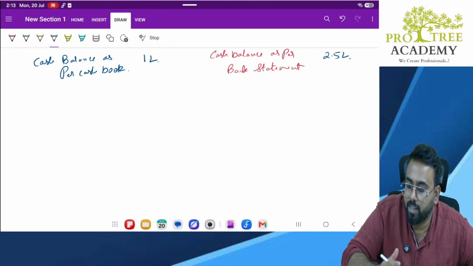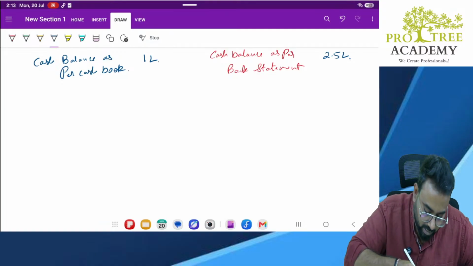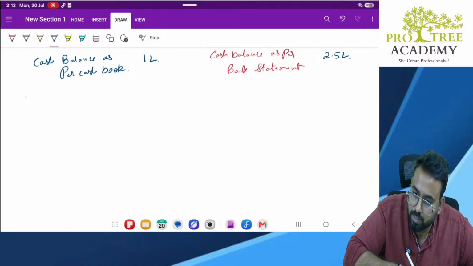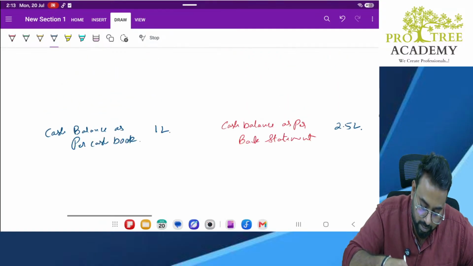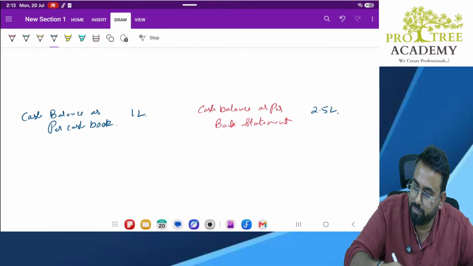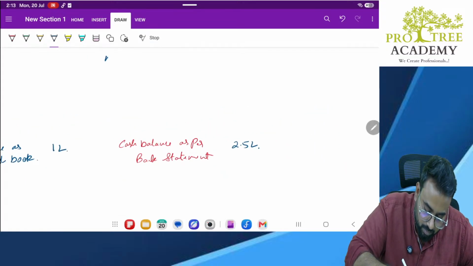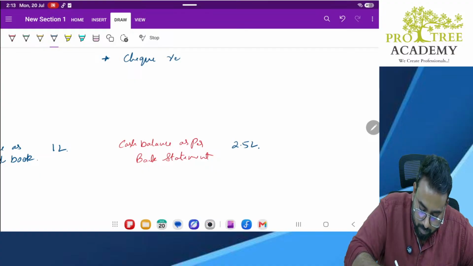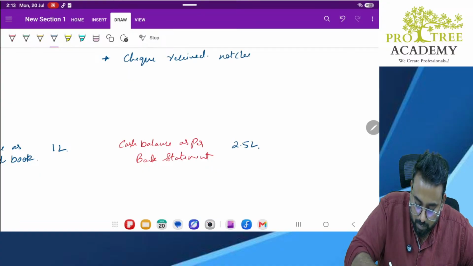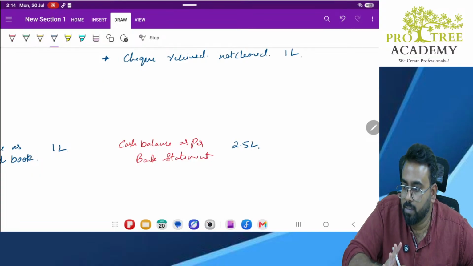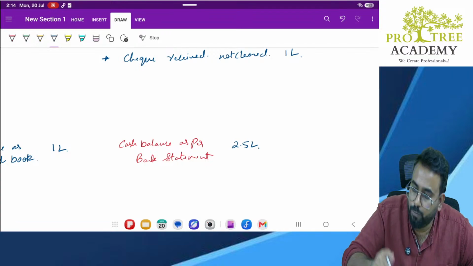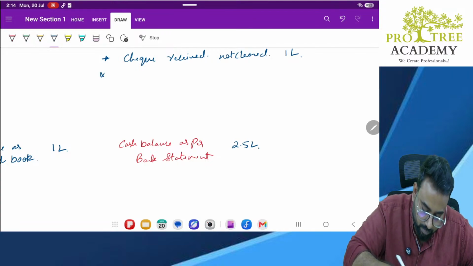Now let us take an example like this. Let's take 2-3 scenarios just so that we reconcile it. Check received, presented but not cleared in the bank of 1 lakh rupees.